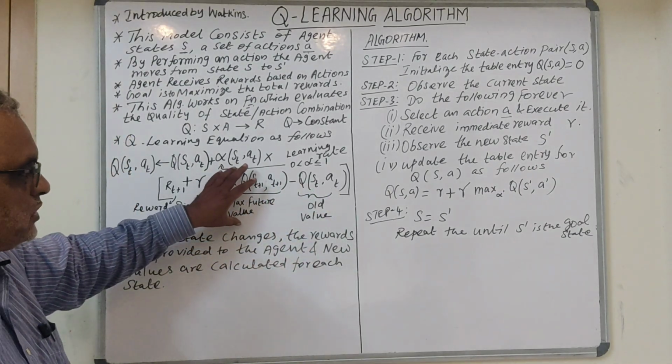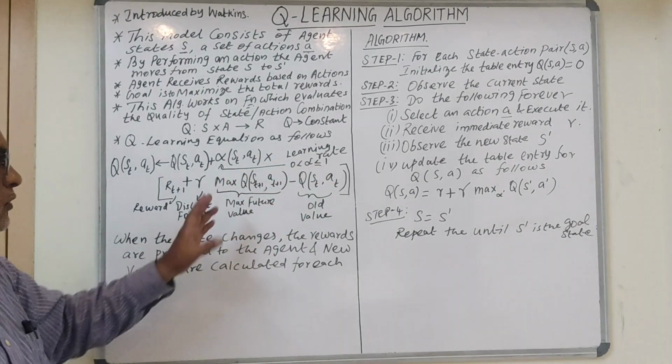So this is the maximum future value and this is the old value, and we find the difference.